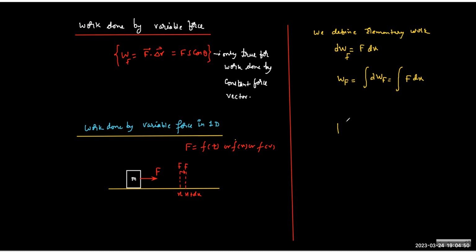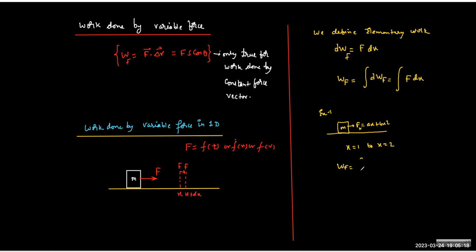So imagine you have a block of mass m, and a force acting equal to ax plus bx square. Find the work done in taking the block from x equals 1 to 2. Okay. So what is the work done definition? And force is in one dimension, Fx.